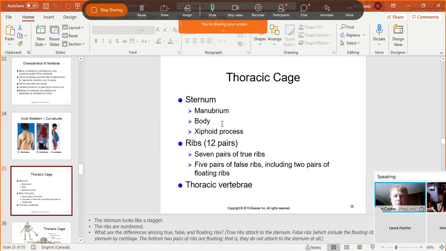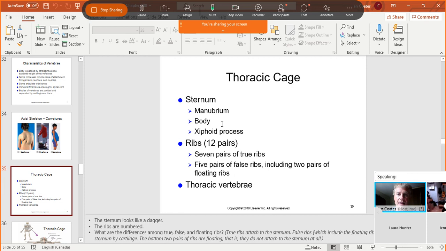So we'll get into that. Manubrium, there's the body of the sternum, and at the base of it we call it the xiphoid process. There are 12 pairs of ribs. There are 7 pairs of true ribs. What do we mean by true ribs? True ribs are ribs that articulate with the sternum and the spine.